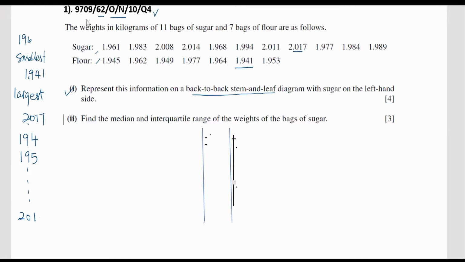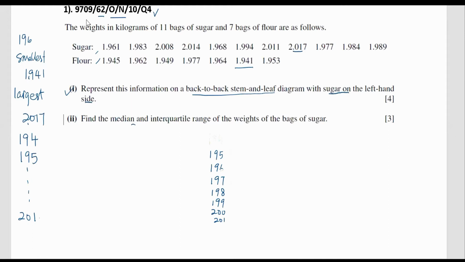So this is the stem starting from 194, and you can see that I do not put down the decimal point. We will indicate the decimal point in the key. All right, so 195, 196, 197, 198, 199, 200, and 201.